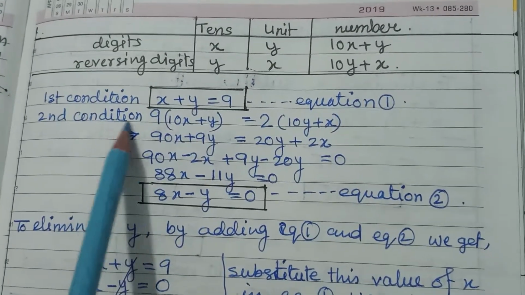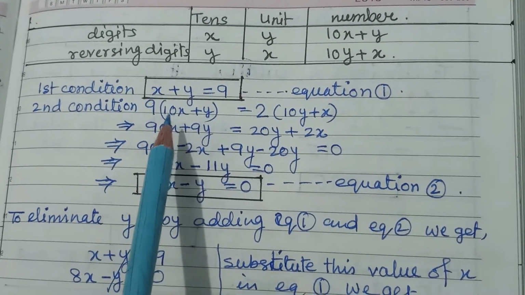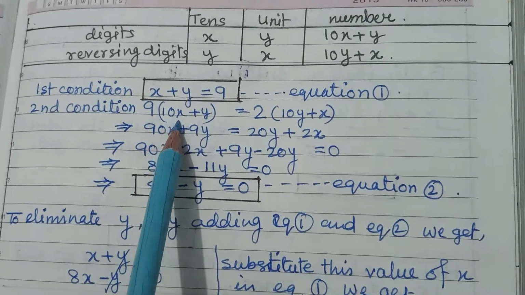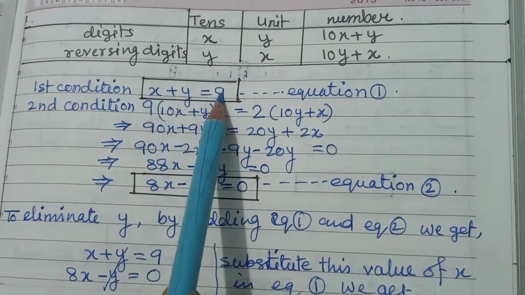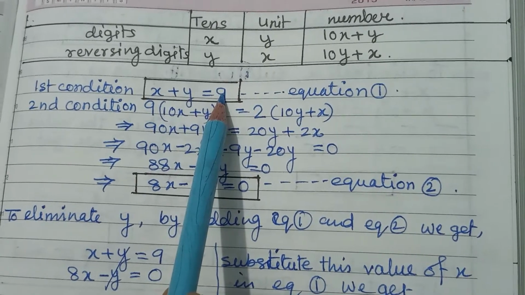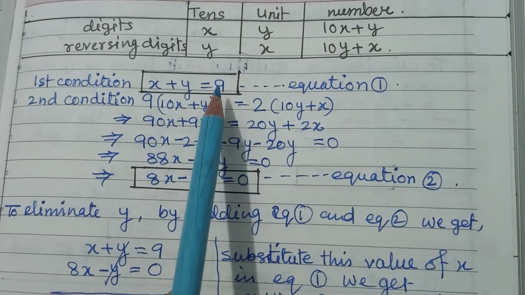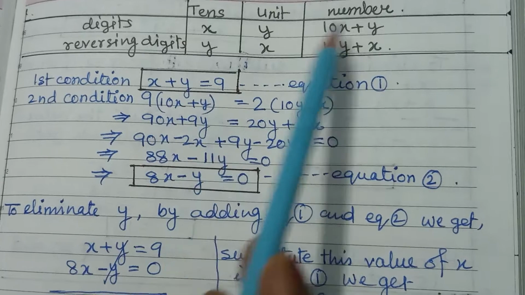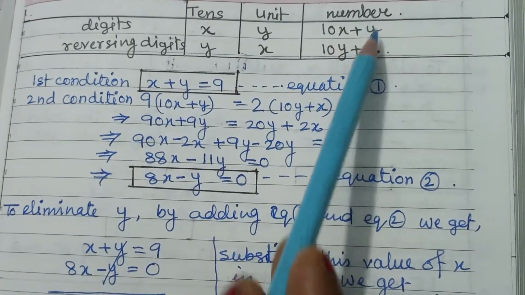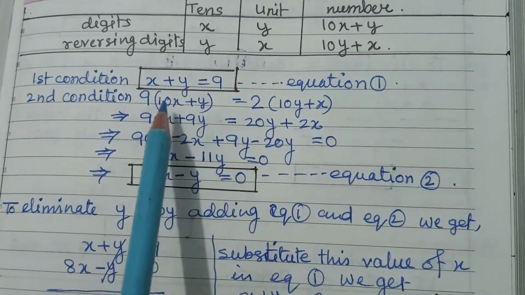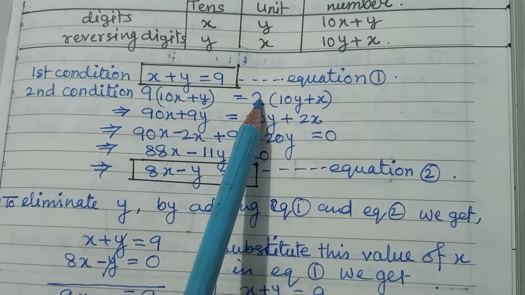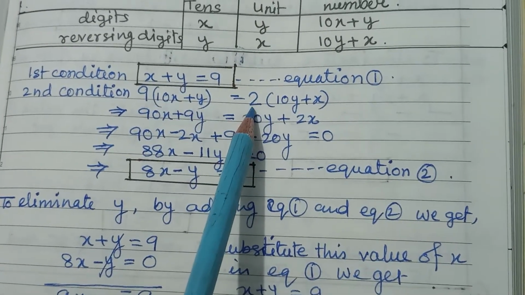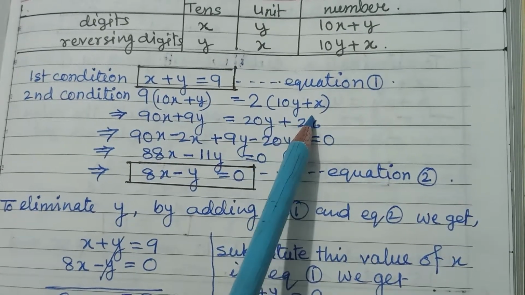Now the first condition has given that the sum of the digits of the two-digit number is 9. So x plus y is 9. And the second condition has given 9 times this number, meaning the original number, is twice the number obtained by reversing the digits.